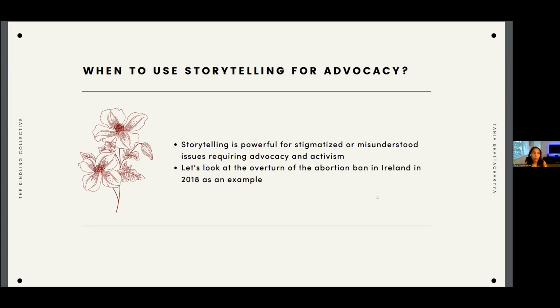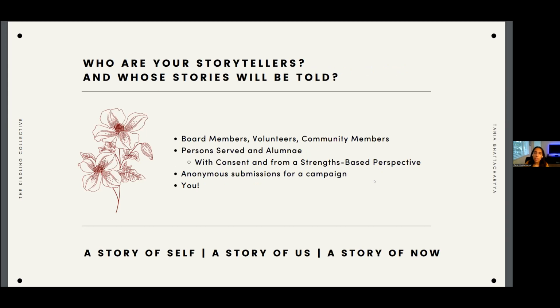Whatever your politics are, that issue was unspoken about and totally stigmatized. And so really it was stories that helped it begin to be in the common conversation and helped it actually have a significant policy change in a short amount of time. And so with that, who are your storytellers?